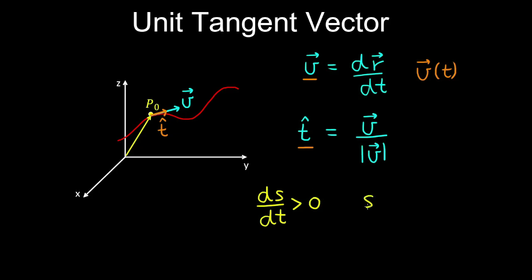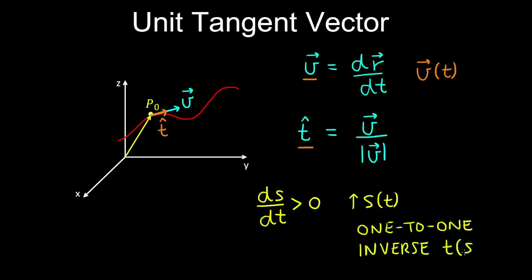Therefore s is an increasing function of t, and so s is also a one-to-one function of t. A value of t gives a unique value for s, and therefore the arc length function has an inverse that gives t as a differentiable function of s.